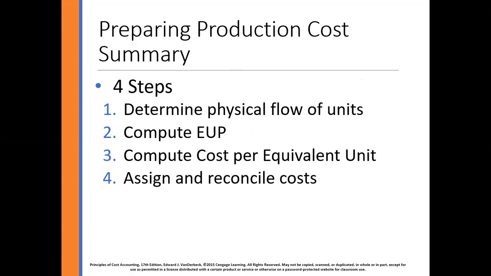So step 1, determining the physical flow of units. Again, how much we started with versus how much were completed, and then what we have in ending inventory. Step 2, computing equivalent units of production, step 3, computing cost per equivalent unit, and step 4, assigning and reconciling cost.